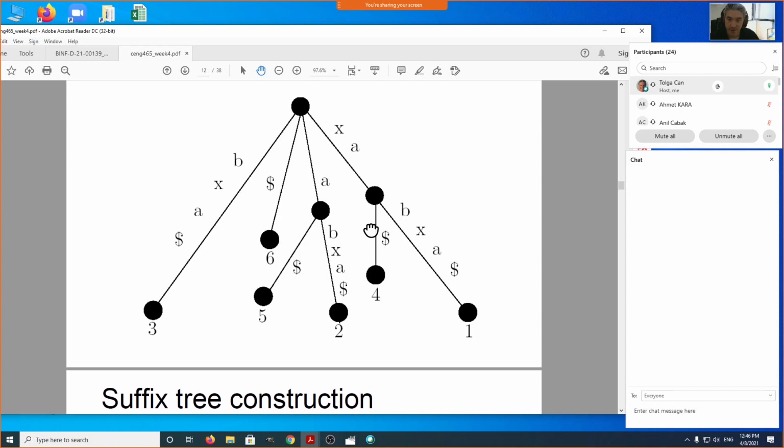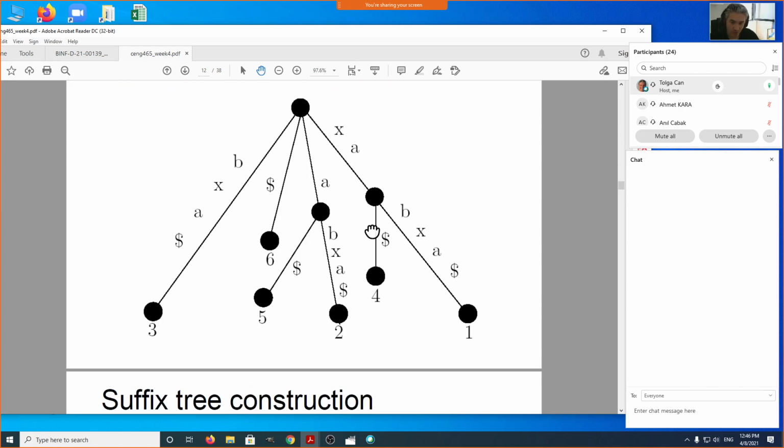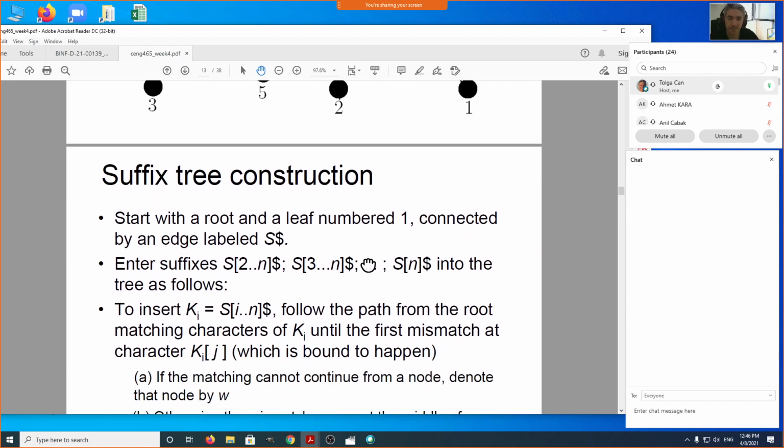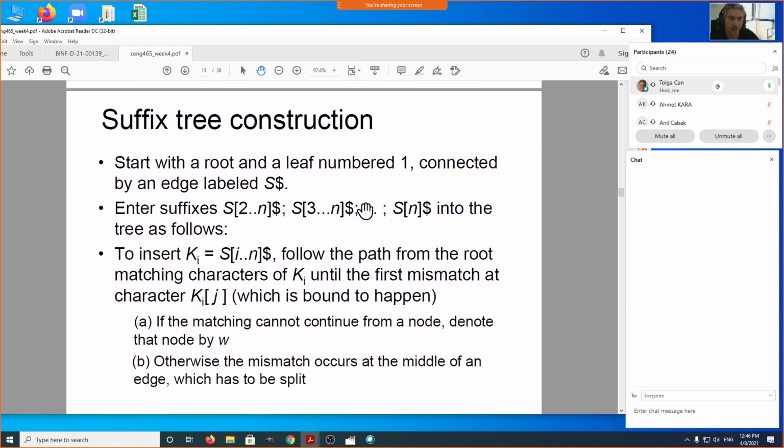We also talked about the construction algorithm. The construction algorithm that we have seen in class was a quadratic, O(n squared) time complexity algorithm, and by inserting each suffix one by one into the tree that we are building, we construct the entire suffix tree.